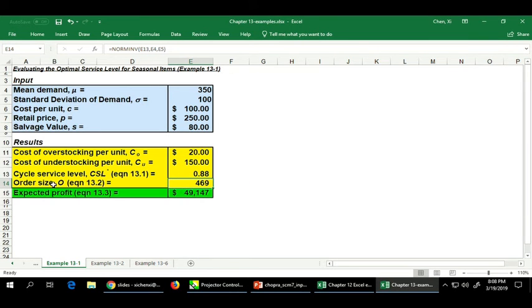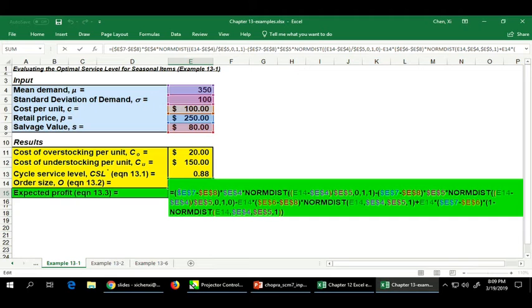And then the optimal order size is using our normal inverse function with given demand distribution, and at the optimal service level. So expected profit follows this long formula. You can check that it matches with the formula provided in the lecture note.